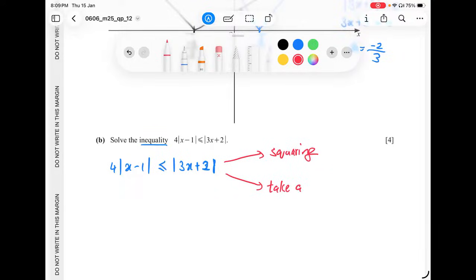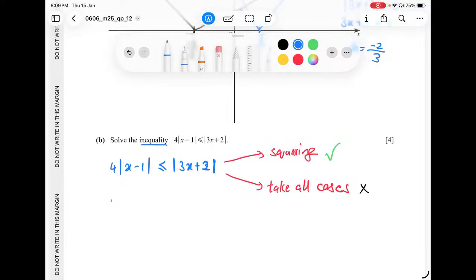But since there are two absolute values involved, I would recommend not going with this, because sometimes you might miss some of the cases. If you lose any of the cases, you might get the answer wrong. So the best way is to go for squaring. So let's do the squaring method.